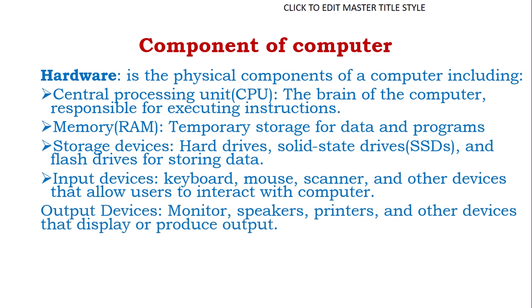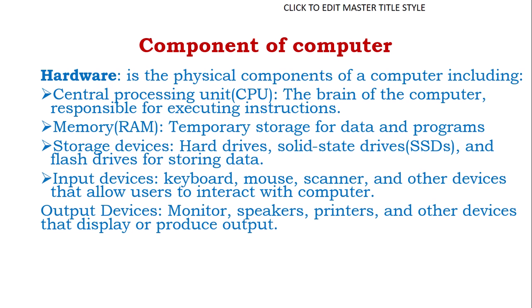Then we also have the output devices. These are devices which are used to output data. It gives us the output. Remember, after processing and storing, it has to give us the output. So the output is given out by the output devices, where we have the monitor. As you can see, this is a monitor.